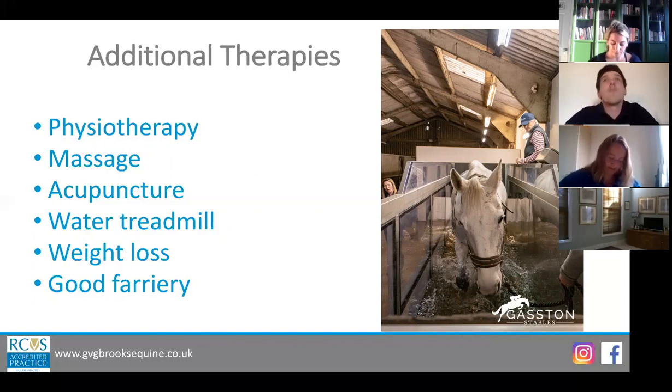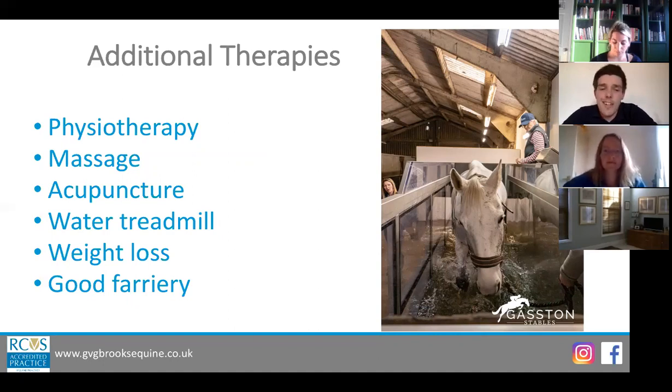Research has shown that water treadmill exercise not only improves core strength, way of going, symmetry, muscle tone, flexibility and elasticity, but in the context of arthritis has also shown that it can improve range of motion in joints, which is of particular benefit in stiff, sore joints.